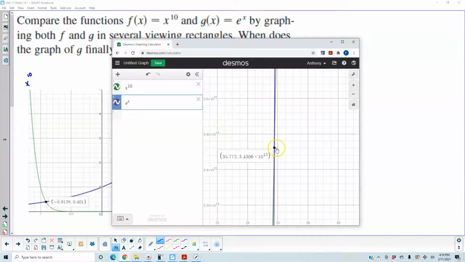Right here at this particular point, we have the x value at 35.772, and then it goes all the way up to 3.43 times 10 to the 15th.